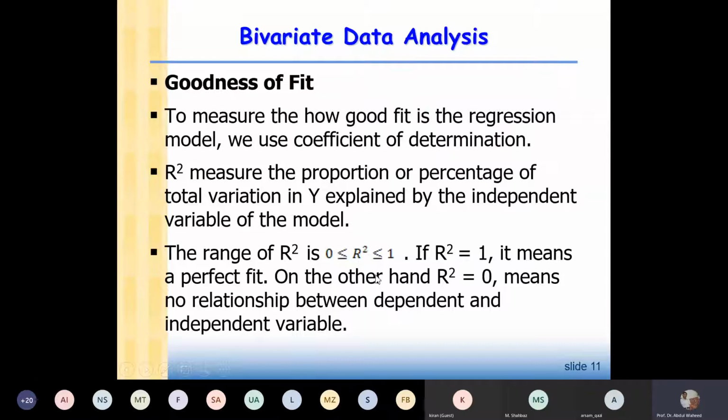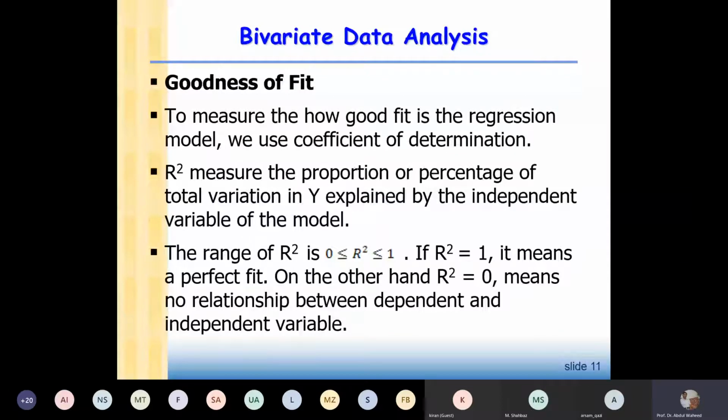Now the value of this R square also shows the proportion or percentage of variation in y which is explained by the independent variable of the model. So if we get R square 0.7, this means 70% variation in the dependent variable y is explained by the independent variable x.